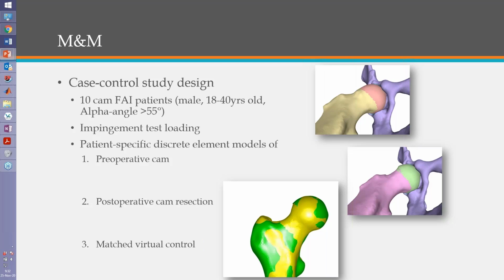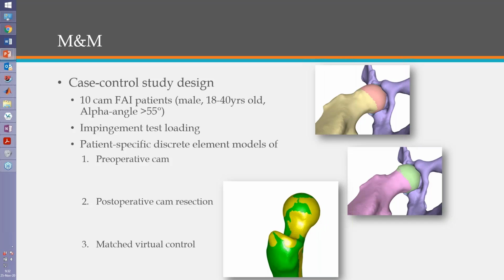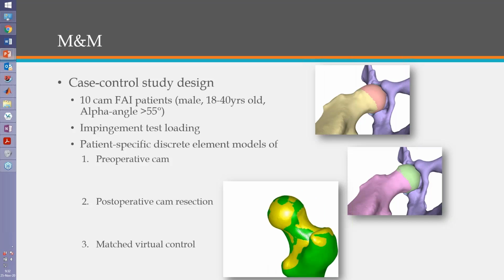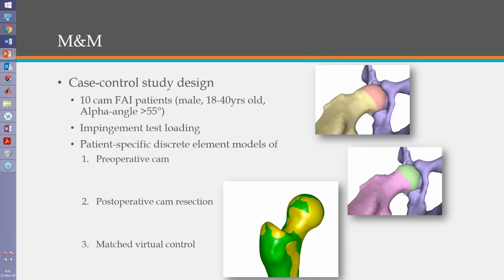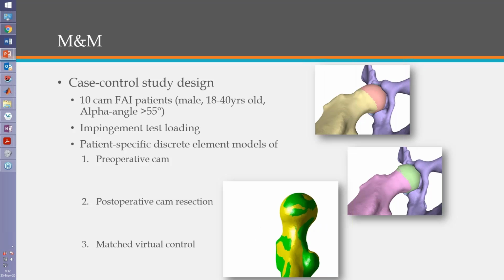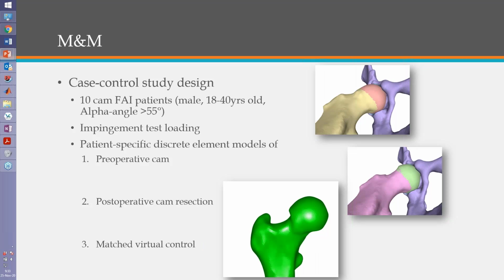Then, using a statistical shape model built of young healthy adults without any CAMs, we fitted the anatomy so that we could have a sort of healthy twin with that same proximal femoral anatomy, except for the head neck junction, which was filled in to be the healthy twin.